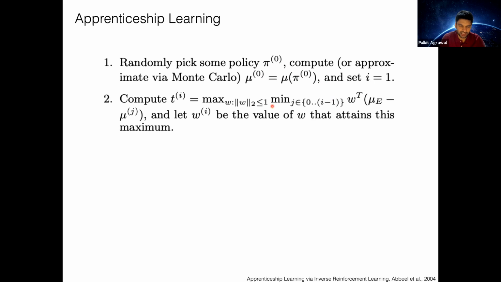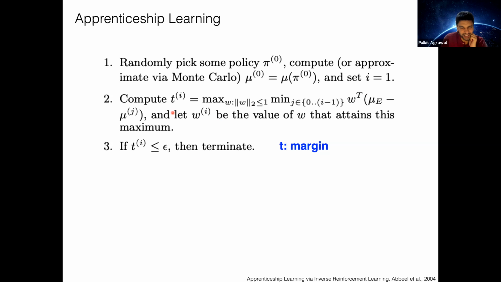Then we calculate the difference in feature expectation between my expert policy and my current policy. And then we try to find a W which maximizes this difference, which is similar to what we were doing previously. We had two policies and we were trying to infer the reward function which maximizes the difference between the expert and the current policy. So this is the role that W is playing over here.